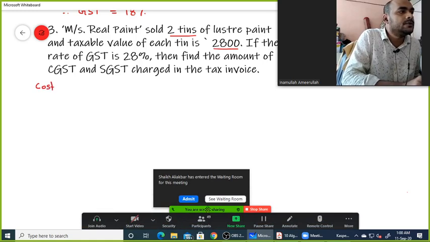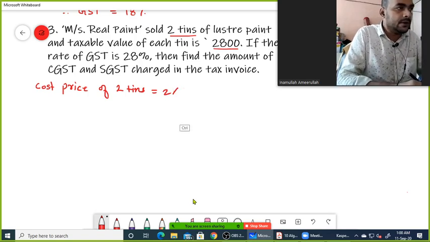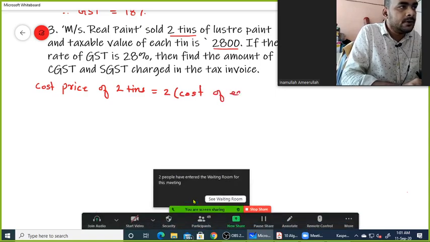So cost price of 2 tins is 2 into cost of each tin.